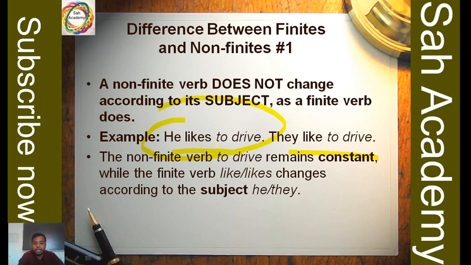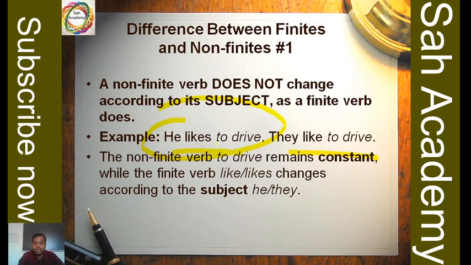But drive has no change according to the tense. Clear? So for the non-finite verb to drive, tense is irrelevant.